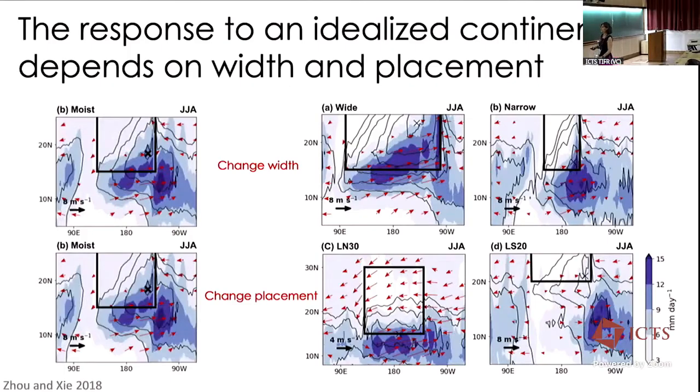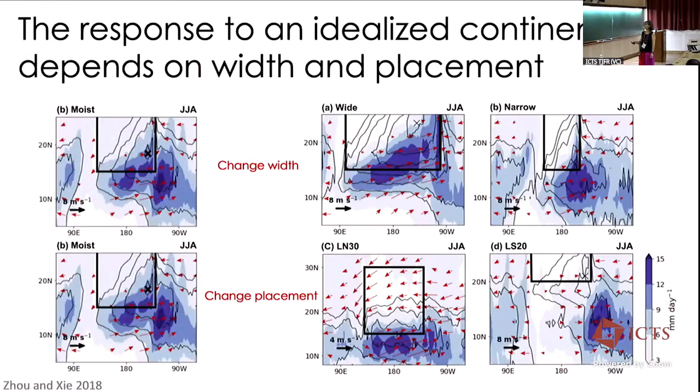Here is a paper by Zhao and Xi in 2018. Their continent started at 15 north, had I think 100 degrees width, and then they had a wider version and a narrow version.